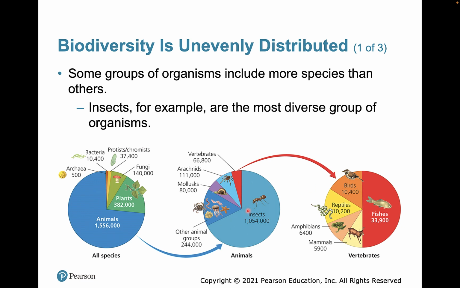Okay, of those animals, 2/3 of them are insects. Yeesh. Of the vertebrates, okay, the tiny little sliver of this pie that are vertebrates, half of them are fishes. Okay, we are less than mammals, not humans. Mammals are less than 10% of all of the vertebrate species. Okay, so yeah, insects are going to rule the world one day.